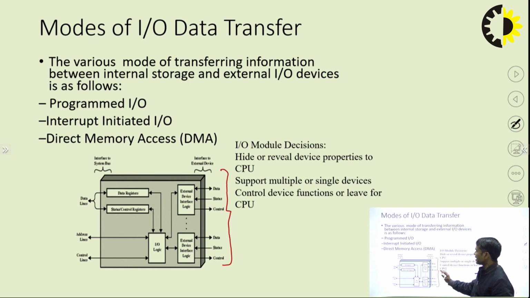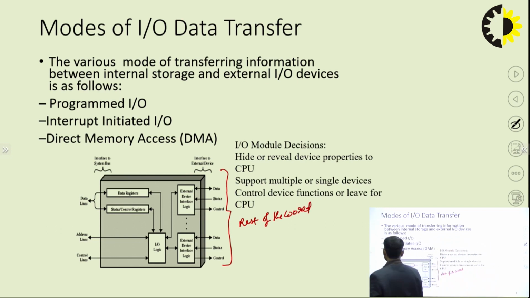The I/O interface at one side is connected with the rest of the world, and at the other side it is connected to the inside of the computer system. Usually it is connected to the bus of the computing system. So there are buses like the data bus, address bus, and control bus which are connected on the other side.